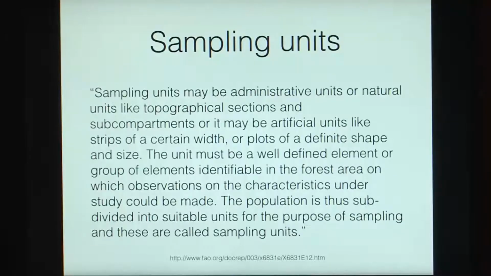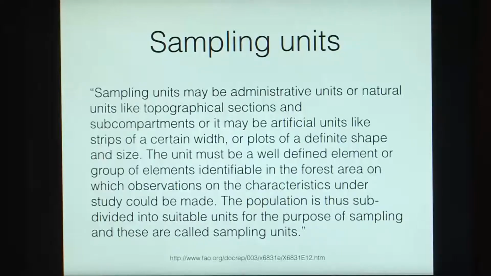So a tehsil can be a sampling unit, or it can be a natural unit. For instance, you can say that the whole of the Satpura region, the Satpuras being hills of Madhya Pradesh, the whole of this Satpura eco region, can be called a sampling unit. So it might be an administrative unit or a natural unit, for example topographical sections. Satpura is a topographical section, or its sub compartments, or we can even take artificial units such as strips of a certain width.